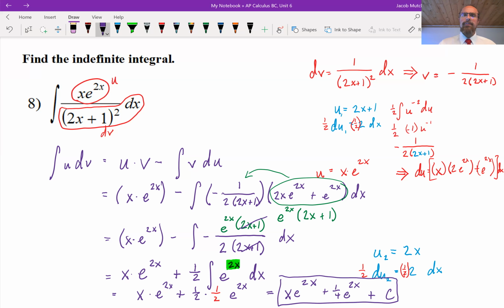And that completes integration for that apparently complicated example, but not too bad when we applied our rule.